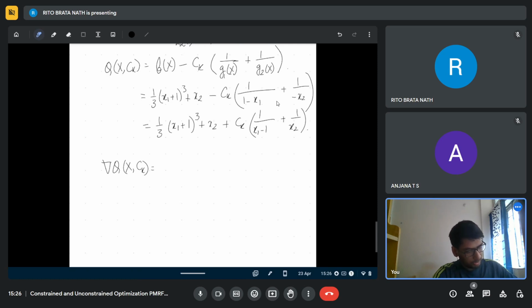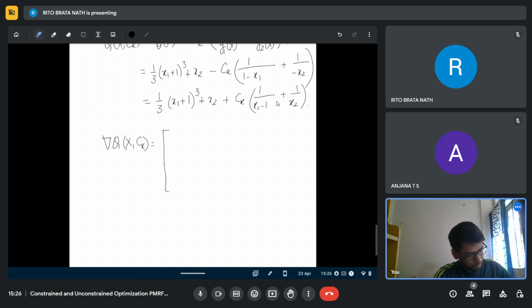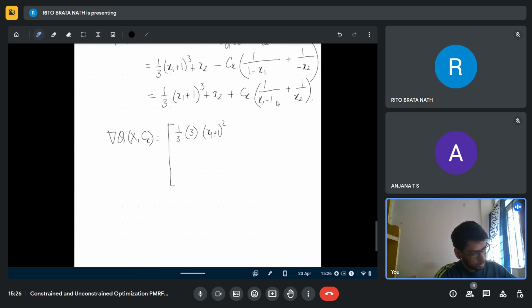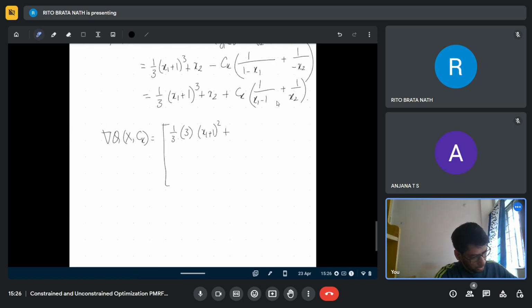So when you take the gradient, the first term is 1/3 times 3 (x1 plus 1) whole square, and there won't be anything for the second term. The third term will give you plus ck times 1 by (x1 minus 1) whole square.